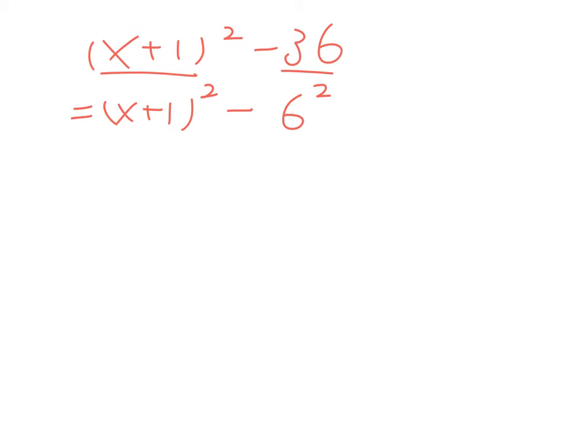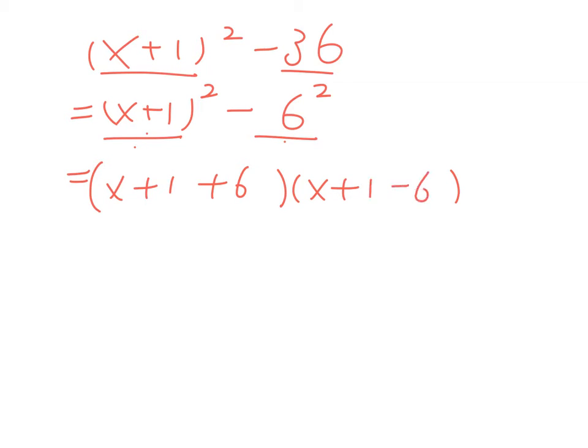So after that, you find that this one is also square minus square. As a result, we can also apply the identity, which is when I say square minus square, we can use these two to perform two factors. One is x plus 1 plus 6 and the other is x plus 1 minus 6.